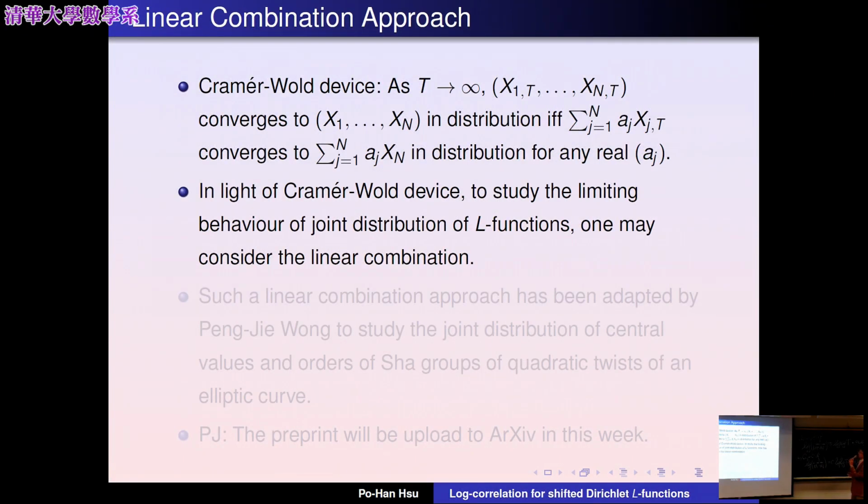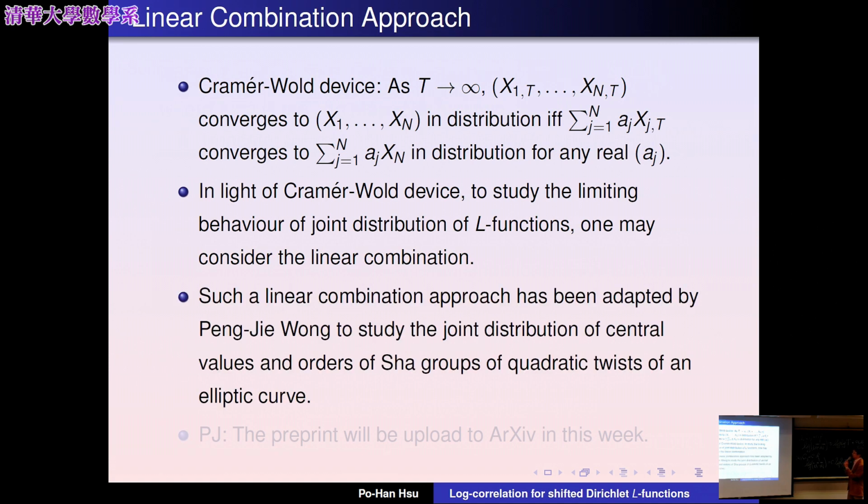Alright, such a linear combination approach comes from the Cramer-Wald device. If we want to consider the joint distribution of L functions, we simply consider the linear combination of the L functions. Such an approach has been adopted by my colleague P.J. Wong.